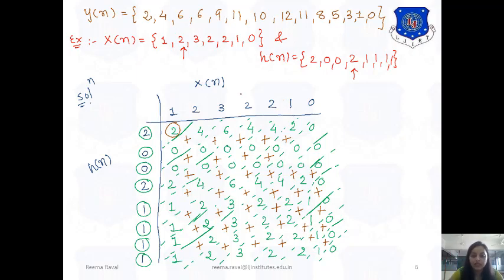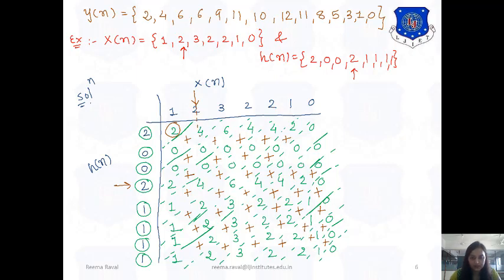Now we have to indicate the arrow. So here the arrow is at this 2, and here the arrow is at the fourth 2, that means here. Now in the instant where they intersect each other, that will be the value where the arrow will be placed in the final output sequence, right?